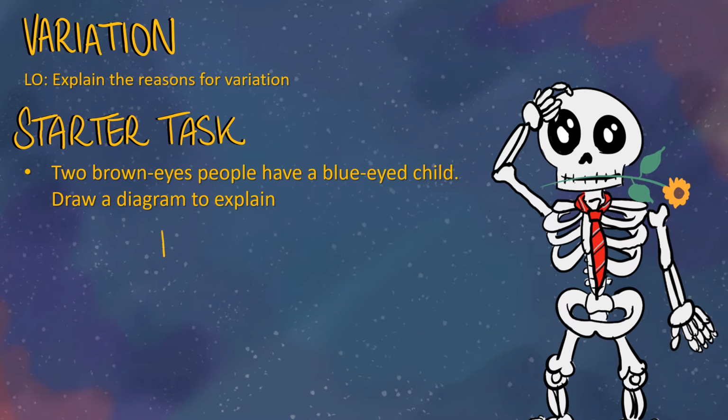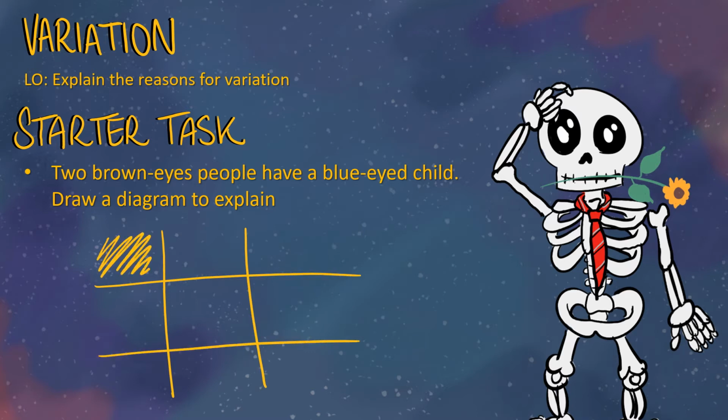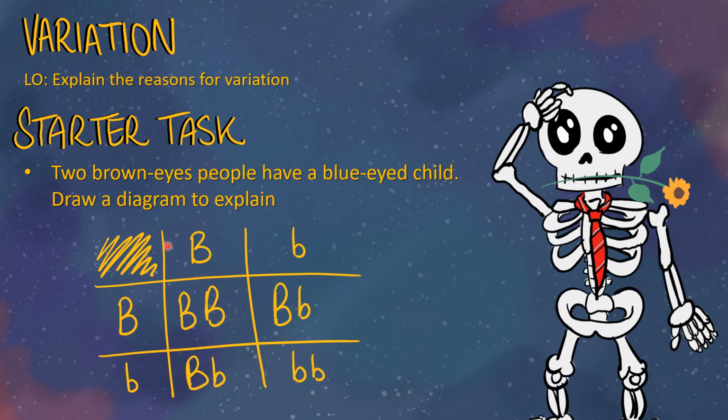2 brown-eyed people have a blue-eyed child. Draw a diagram to explain. So we've done lots of practice with these. What you do is you draw a little noughts and crosses grid, and then at the top we've got one parent's genotype, and down the side we've got another parent's genotype. Now we know that these parents would have had to have a recessive gene for blue somewhere in their genotype, because if either of these parents had a homozygous genotype for brown eyes, so if this was a capital and that was a capital, then all of their children would have brown eyes.